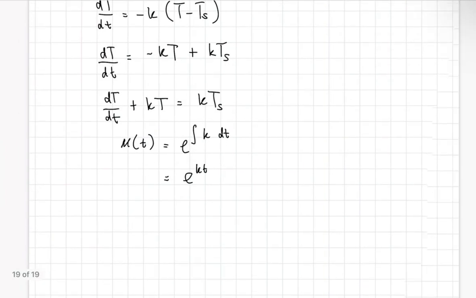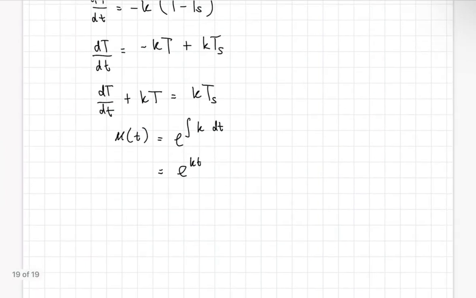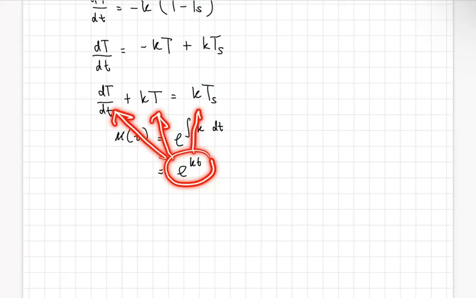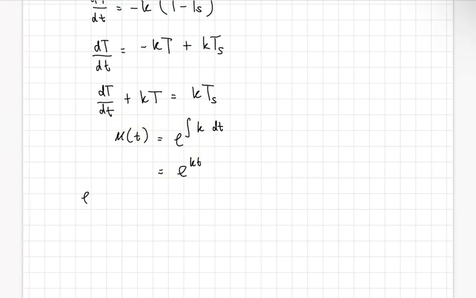So multiply e to the kt with each term in the general form of the linear equation. So e to the kt multiplied by dT over dt plus e to the kt multiplied by kT equals e to the kt multiplied by k times Ts.